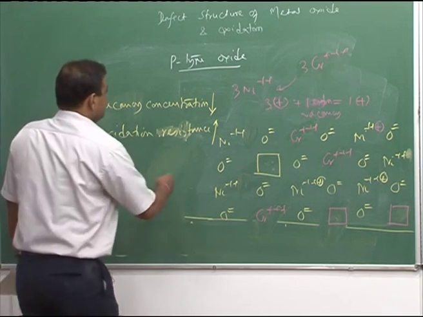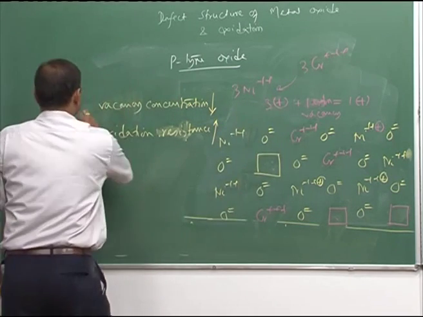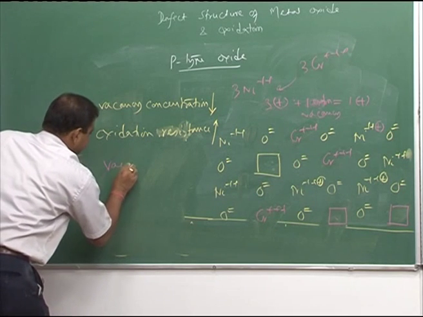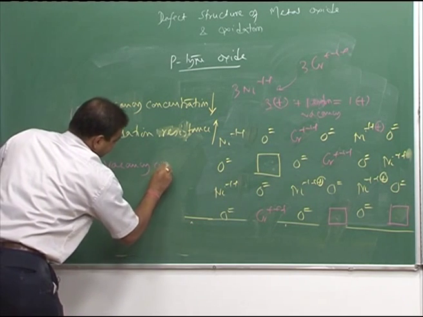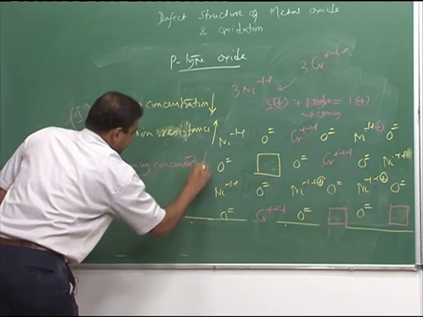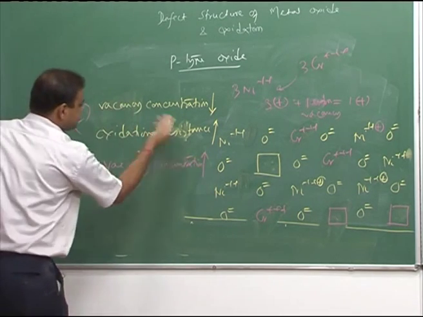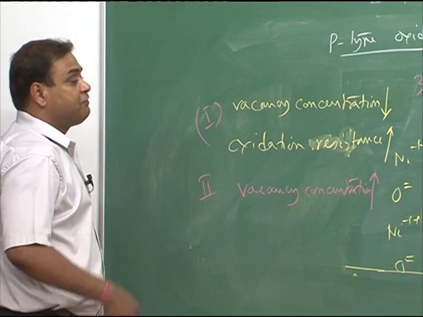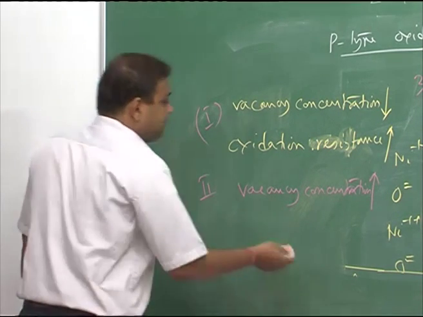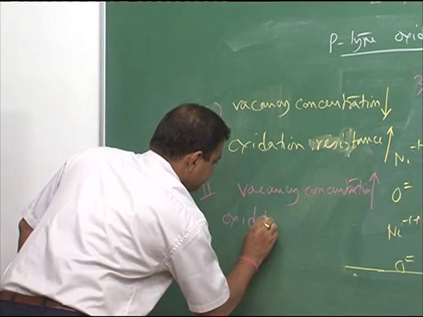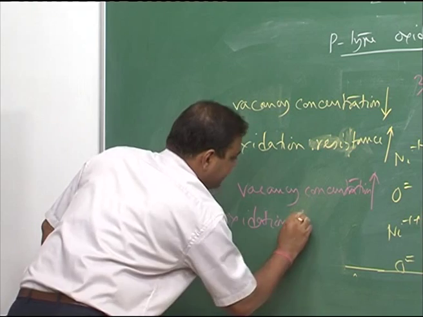In this case, the vacancy concentration increases, and if the vacancy concentration increases, that means diffusion of nickel plus plus would be faster, and if it is faster, then oxidation would be faster.